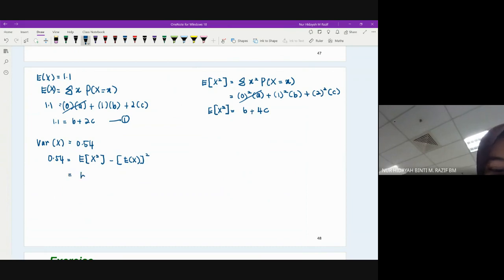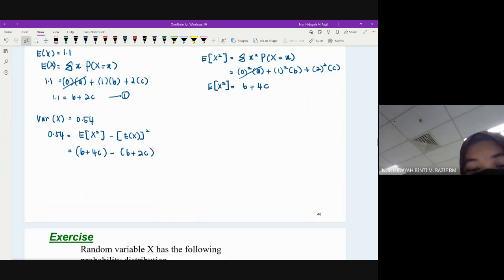So this is B tambah 4C ditolakkan dengan my expected value of x adalah 1.1. I'm not going to use B tambah 2C sebab apa? Sebab kita boleh terus ganti. Okay, sekiranya you nak ganti juga boleh tolak B tambah 2C. So this will actually help lah. Sebab apa? Sebab you akan dapat this is 0.54 and then B minus B will disappear.